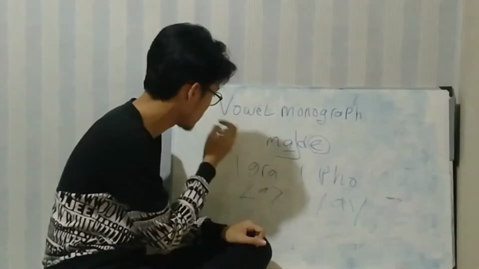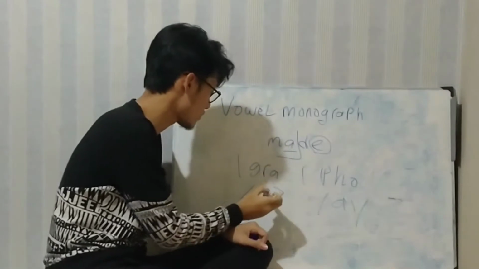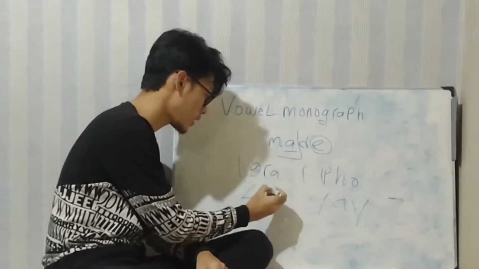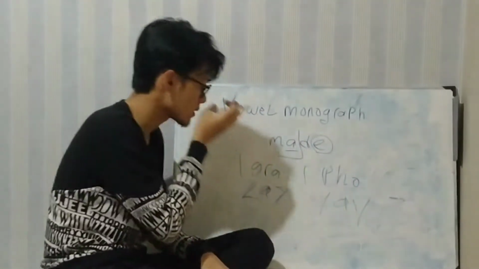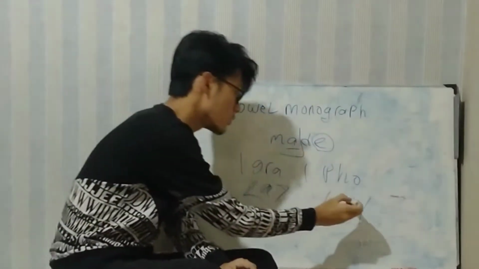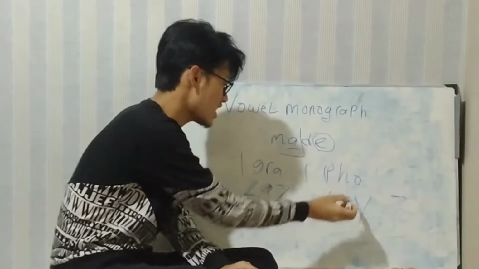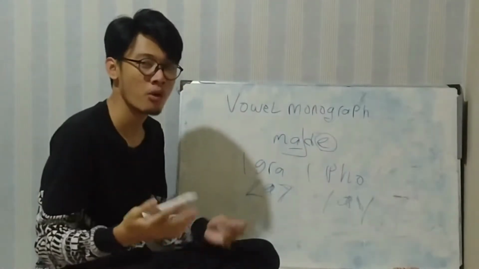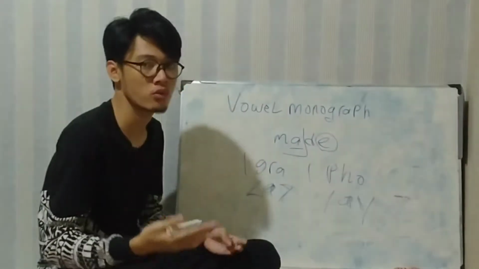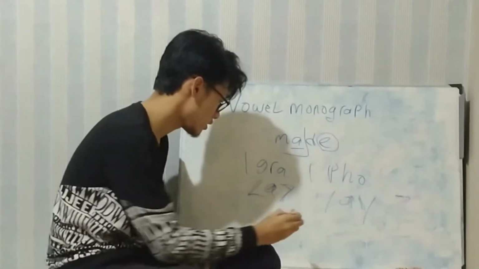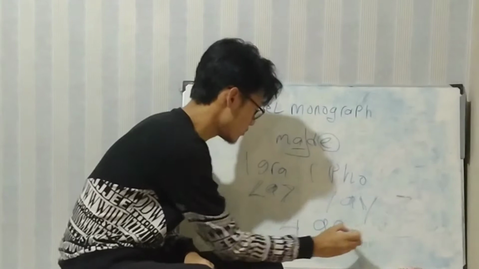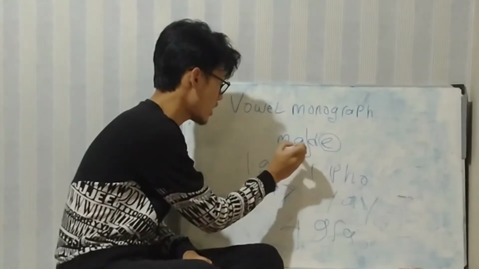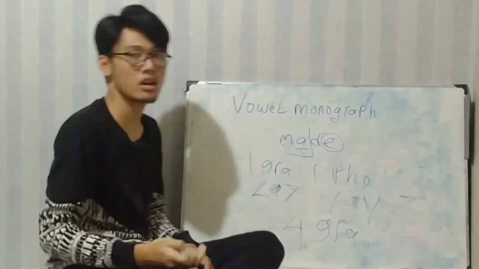Let's get to its grapheme. Its grapheme we will make a, and the phoneme is how we pronounce it, so we pronounce it like a. So how many graphemes do we have right now? It contains 4 graphemes, because M-A-D-E.